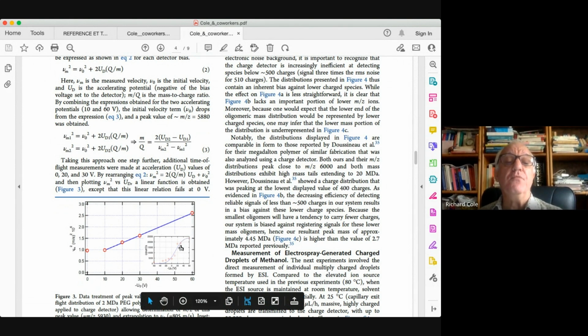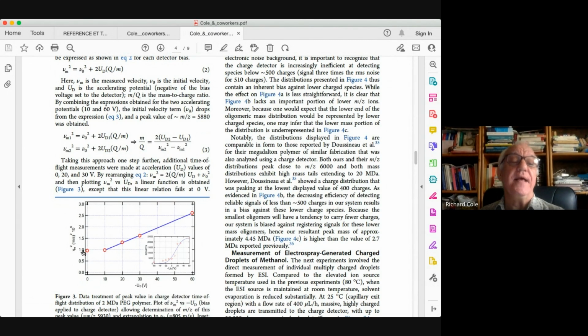We're still pretty good down at 30, okay at 20, and even 10, but by the time we get down to 0, we're having trouble pulling ions in, so we have a low count. So we really think that explains why our point at 0 volts is no good. We have very poor statistics coming in there.